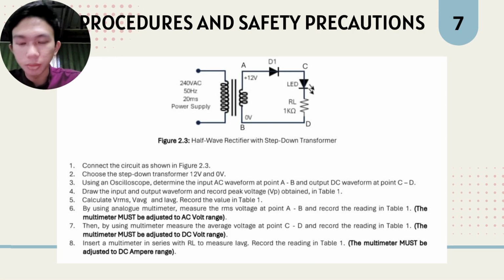For the VRMS, the formula is V out over square root of 2, which equals 12.94 volt. From the measured value we got VRMS equal to 12 volt.